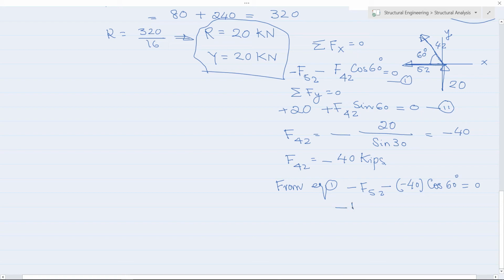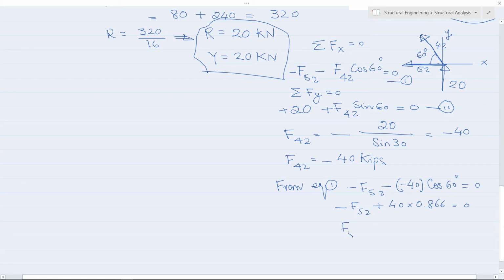That means minus F52 plus 40 times cos 60, which is 0.866, will be equal to 0.